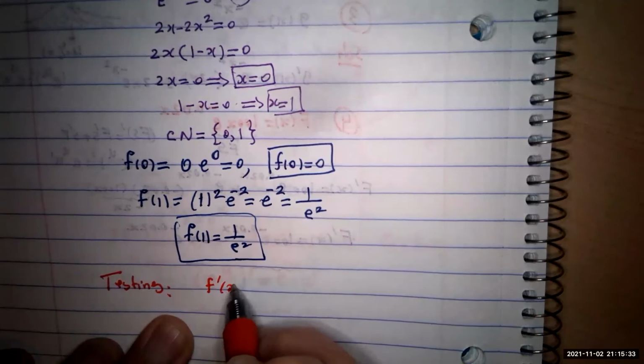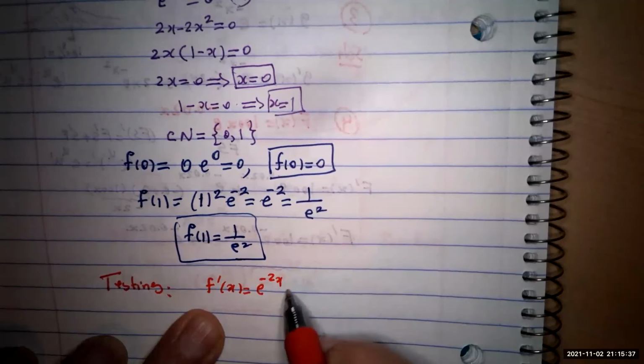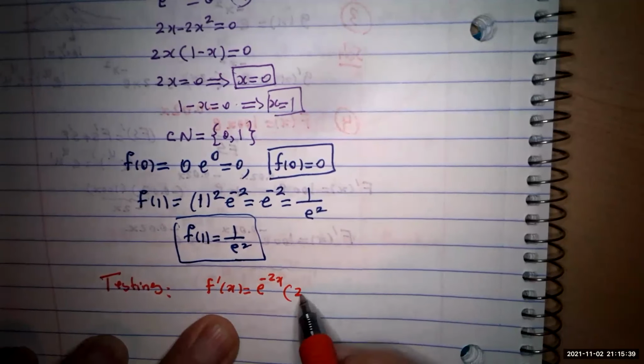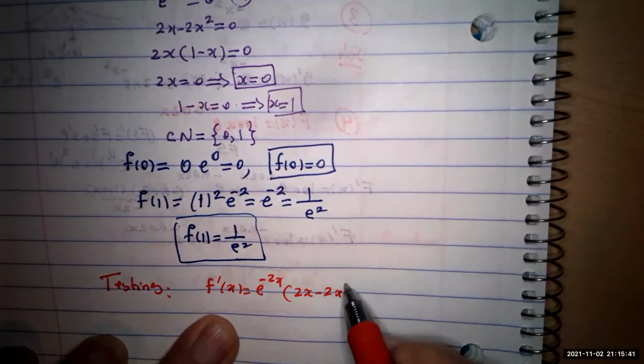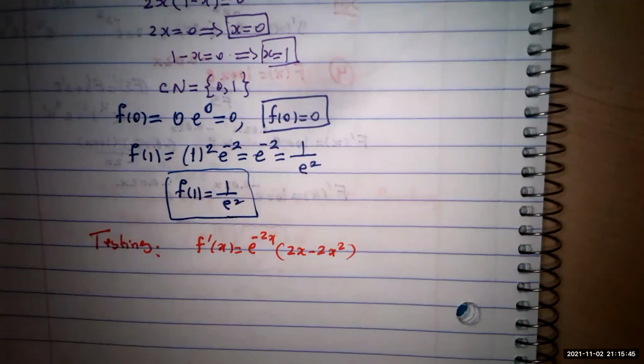This is f prime: e to the negative 2x times 2x minus 2x squared. Which test is easier, you think? The first or the second? Which one do you prefer? The second. The second. Let's see if you're right.